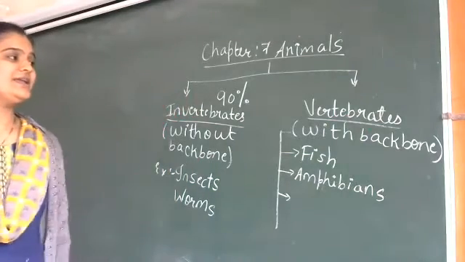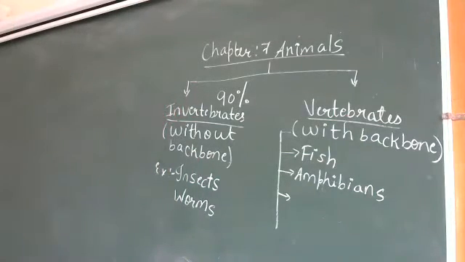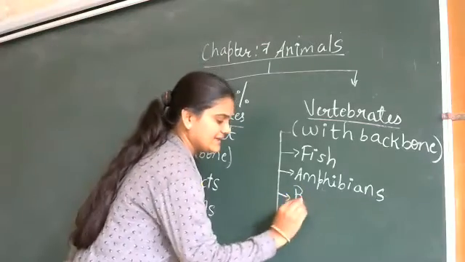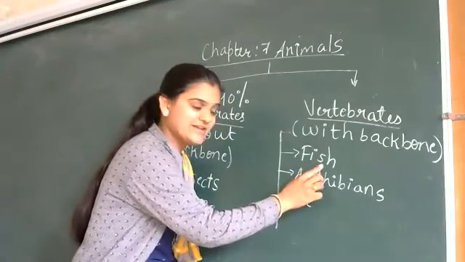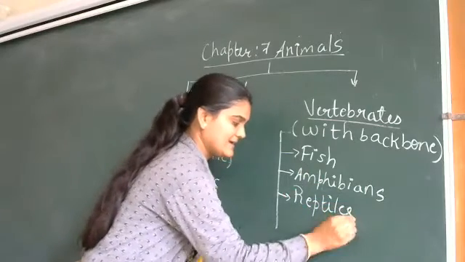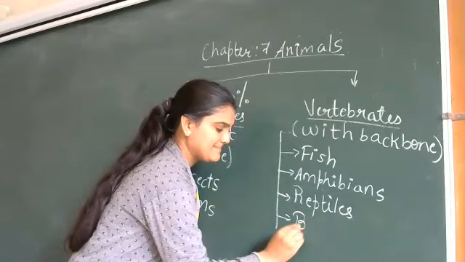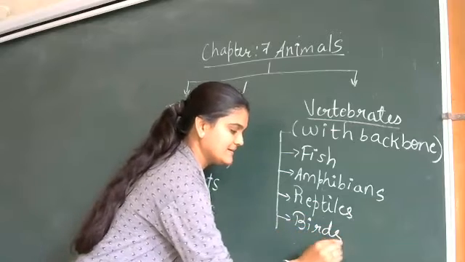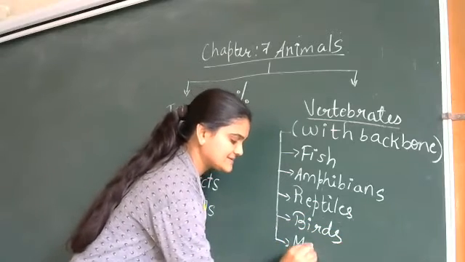So tell me, in vertebrates, the ones which have the backbone, what examples can we go for? Vertebrates can be divided into five groups. First is fish, amphibians, birds and mammals.